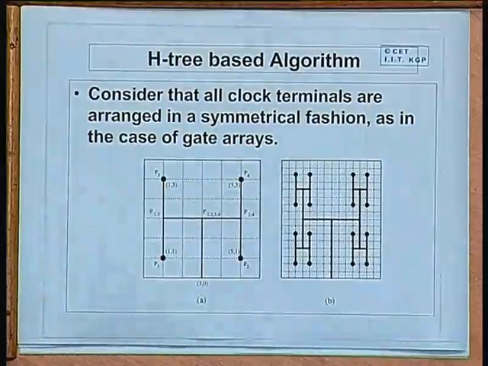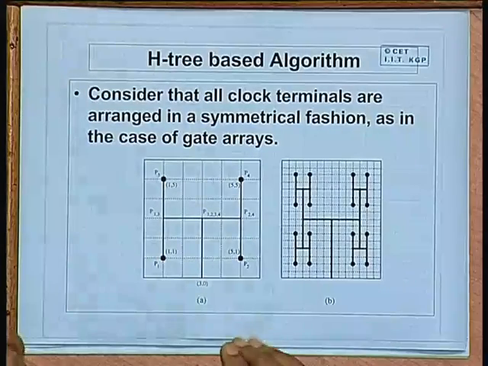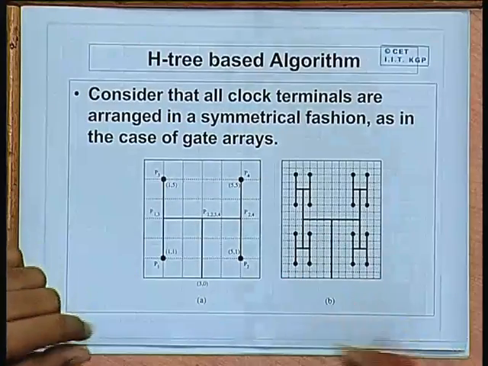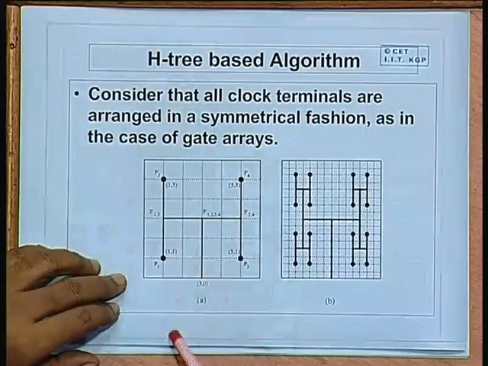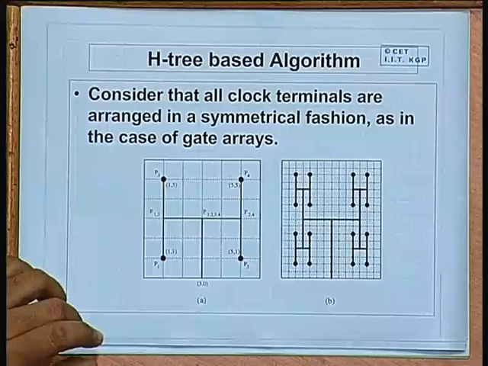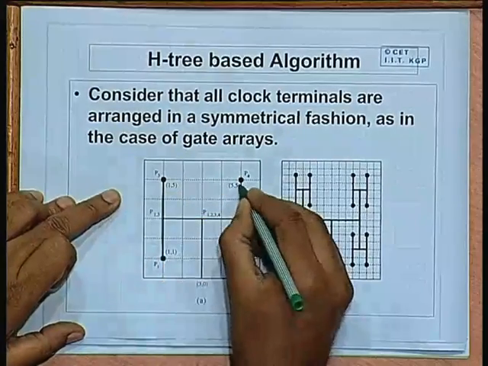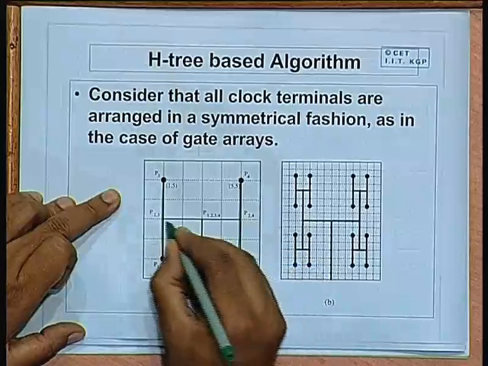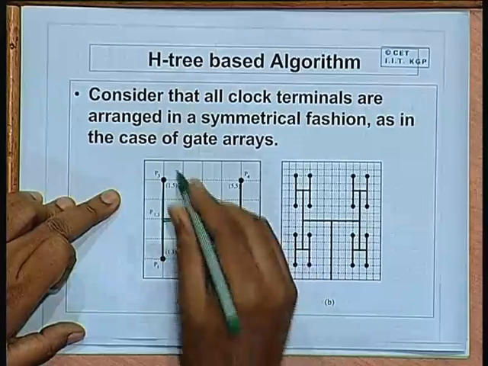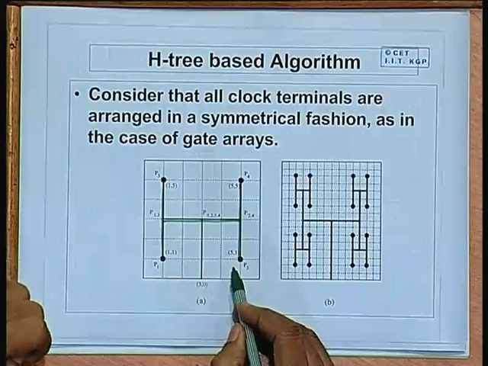So, the H tree algorithm is simple in concept. The tree can be constructed recursively. The tree is constructed recursively at every stage of the iteration. You have a segment of the tree which looks like an H, that is why it is called H tree based algorithm.